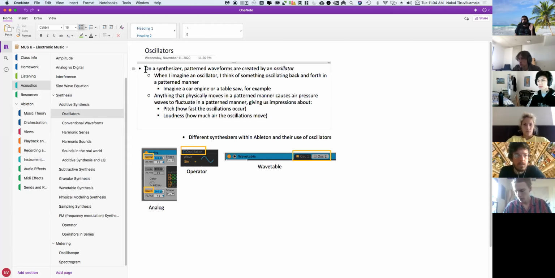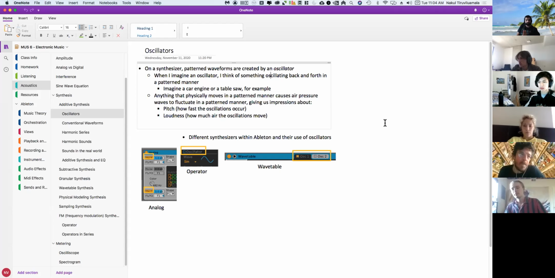Just to go back a little bit, there's this idea that you can generate certain types of waveforms by using an oscillator. If you imagine a car engine, it spins regularly in a very cyclical manner.